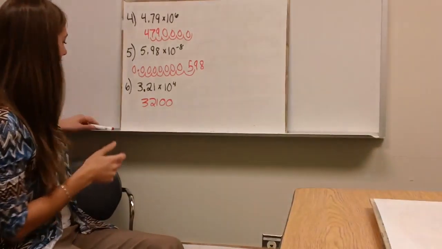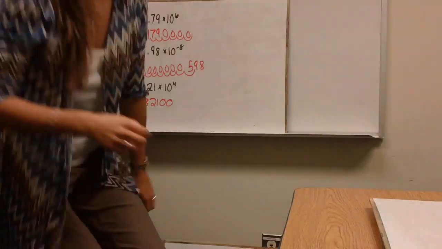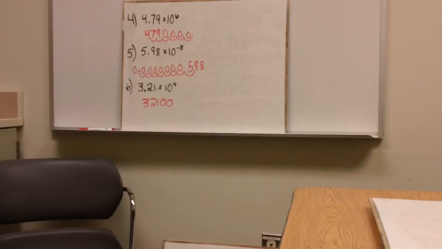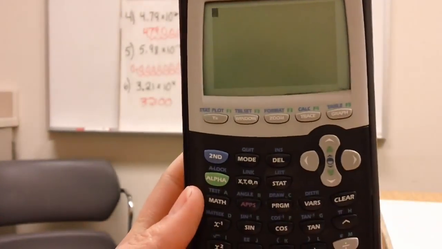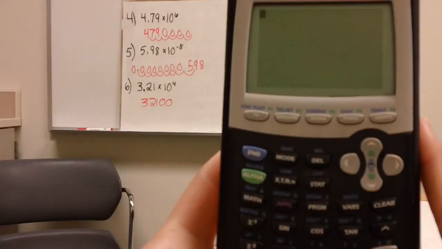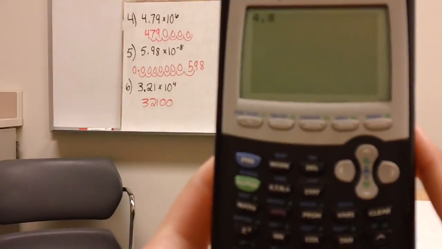Next, I want to show you how to enter scientific notation onto your calculator. It's going to make it a little bit easier instead of writing out times 10 to a power. If you could see this, say I'm going to do number 4. It was 4.79.